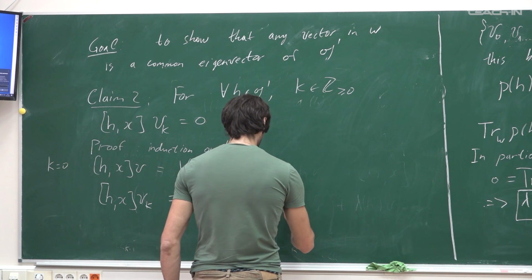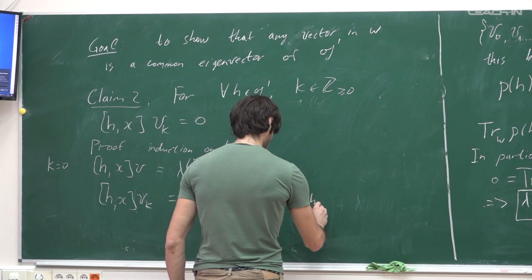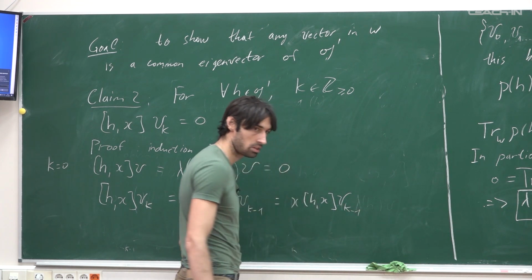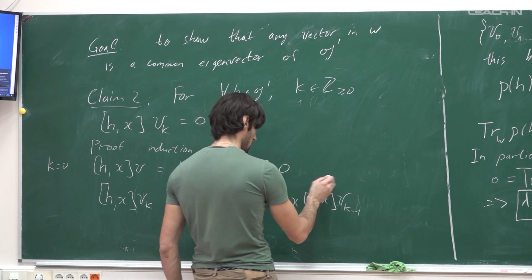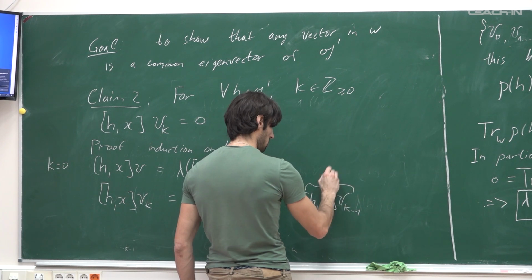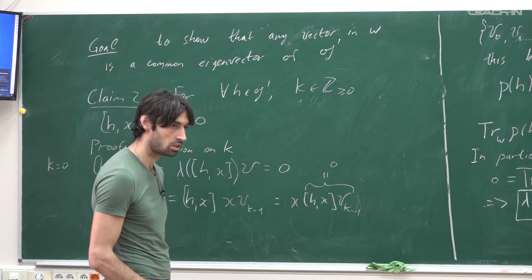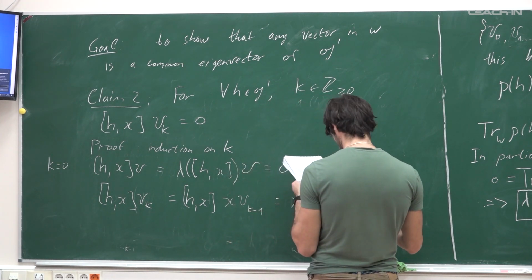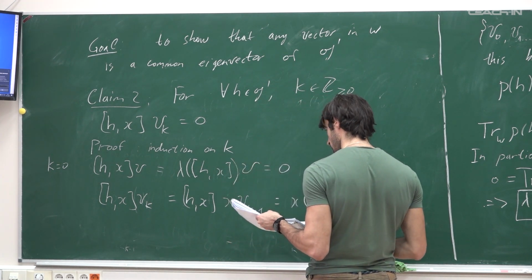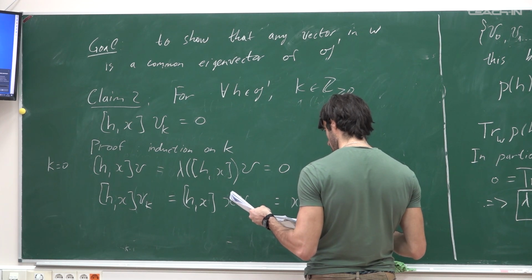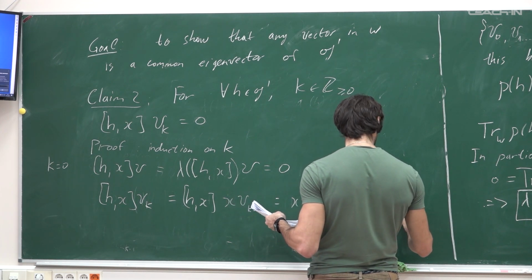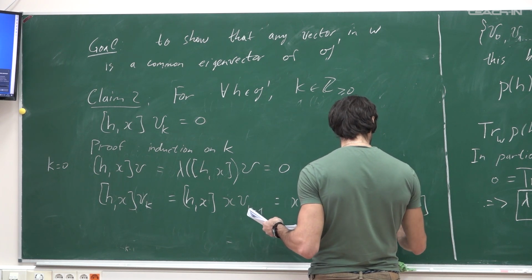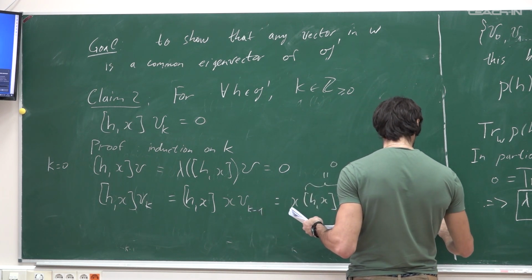So I get x Hx that hits Vk minus 1. This is gone, because this is 0 by induction assumption. On the other hand, plus the commutator of H and X with X, and it hits Vk minus 1.